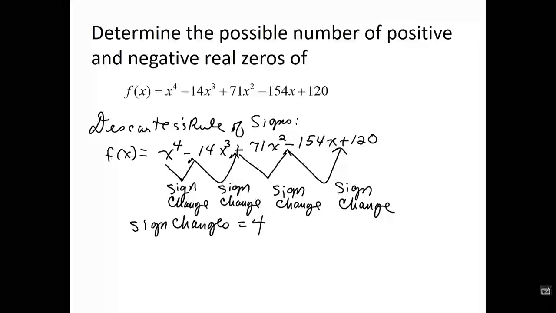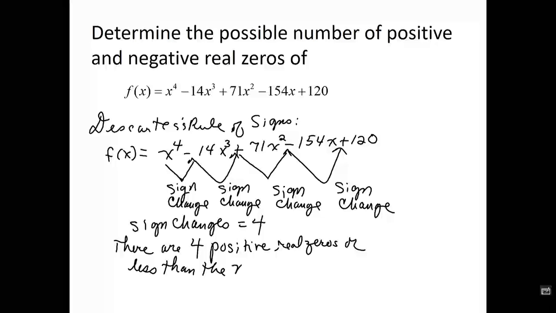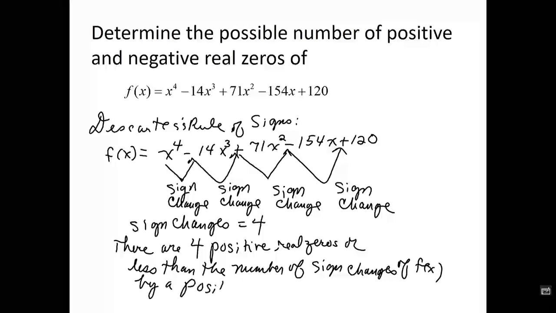So there are 4 sign changes, so first of all, there are 4 positive real zeros, or the number of positive real zeros will be less than the number of sign changes of the function f of x by a positive even integer.